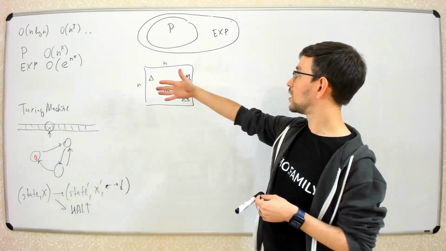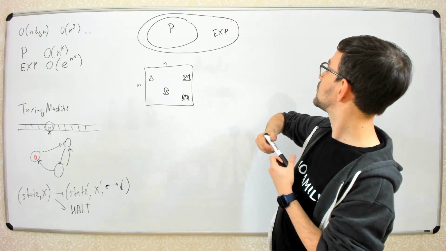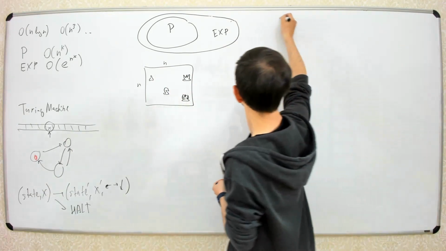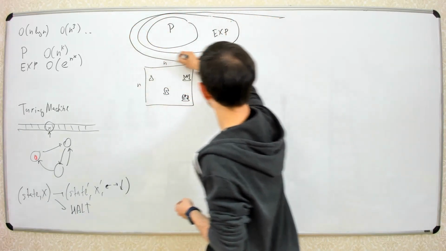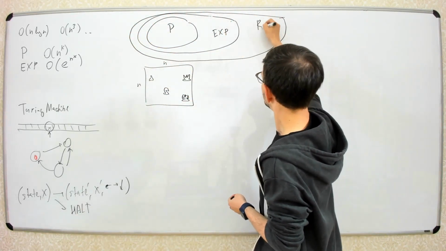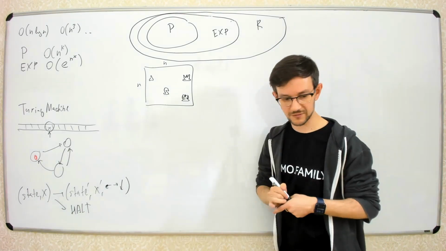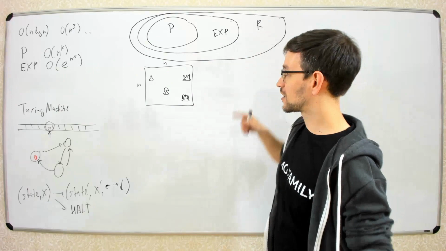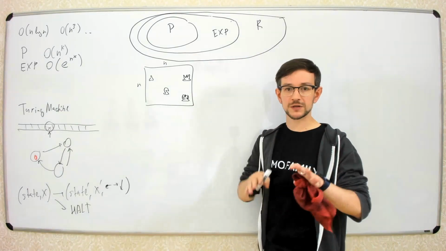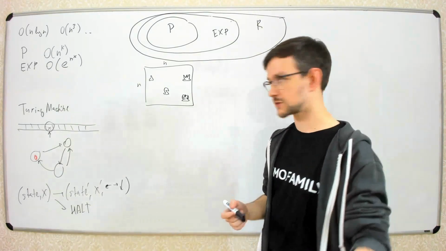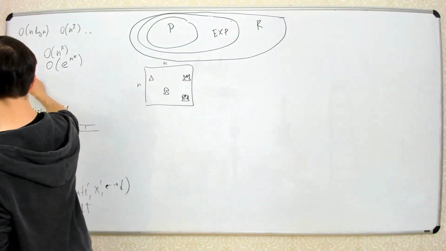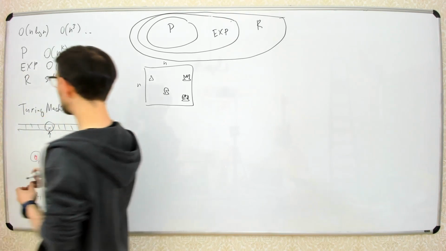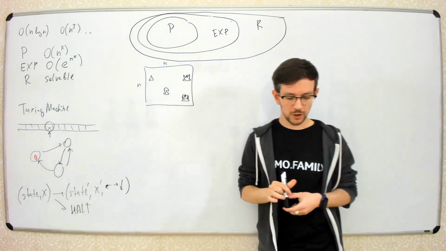People went much further, and they found the class of all solvable problems. So let's build the class. It's called class R, from recursive. It's a historical name. Class R is the class of all solvable problems. What does it mean solvable?